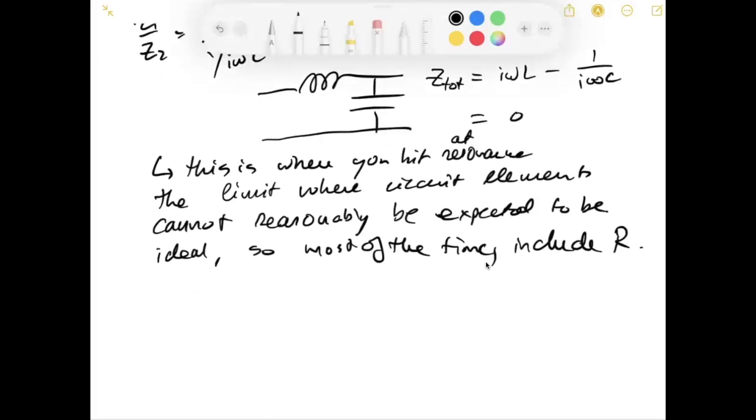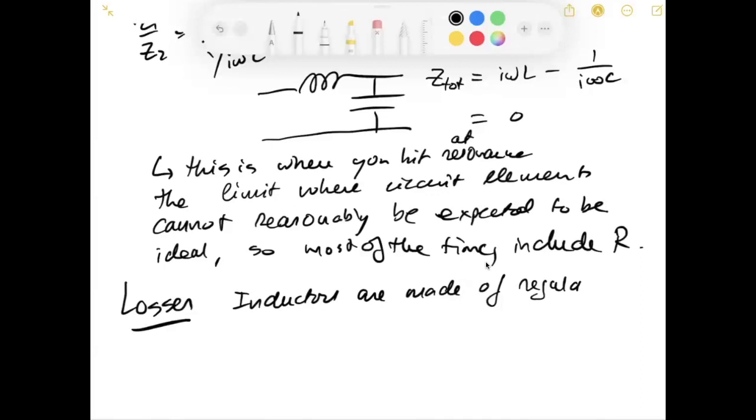So let's talk about losses. So for instance, in an inductor, well, first of all, inductors are made of, let's say, metal or semiconductor, just regular conducting materials.